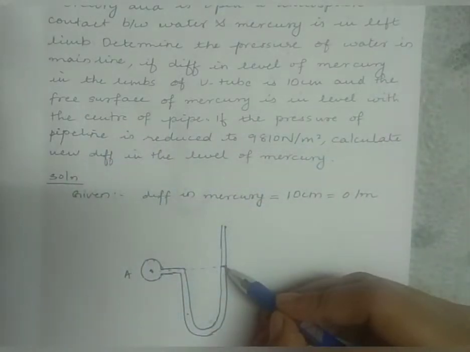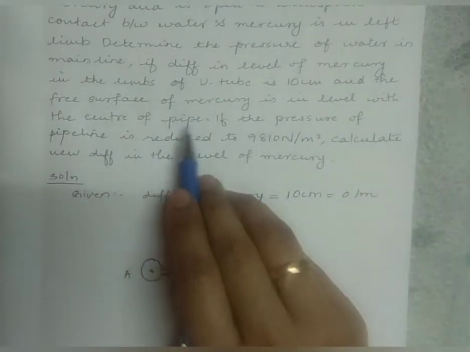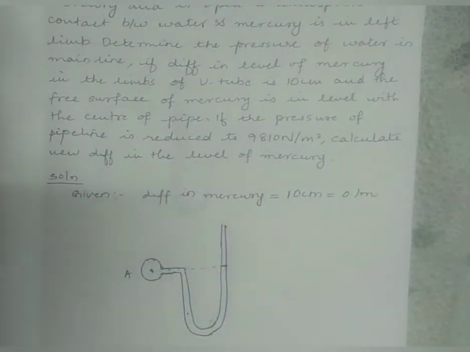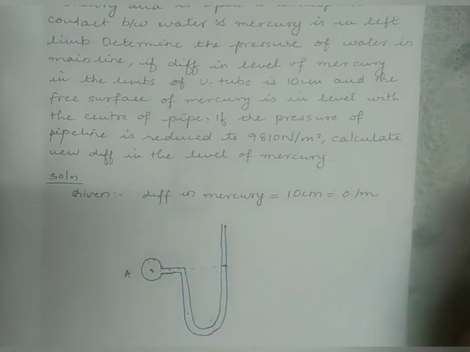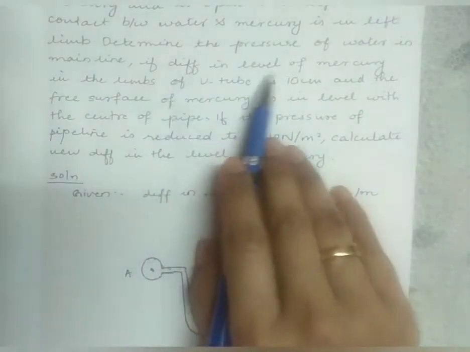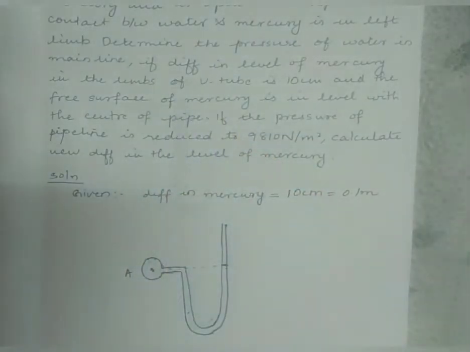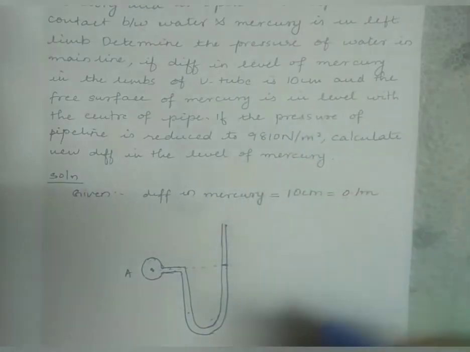This is the free surface of the mercury, and it is in level with the center of the pipe, so this condition is satisfied. And what is the level difference? The difference in level of mercury in the limbs of U-tube is 10 centimeters.